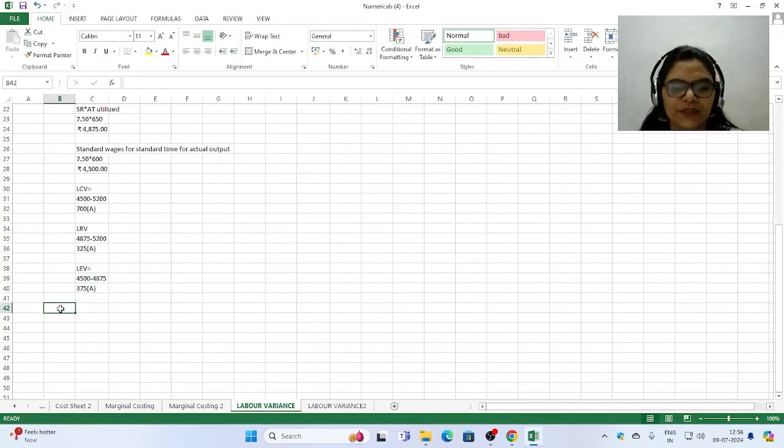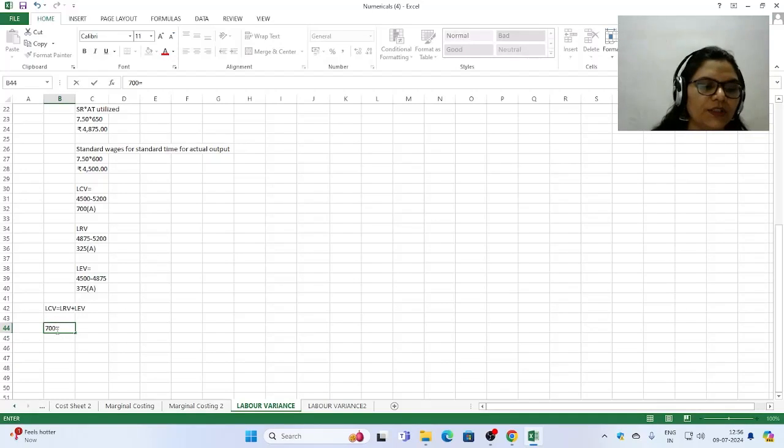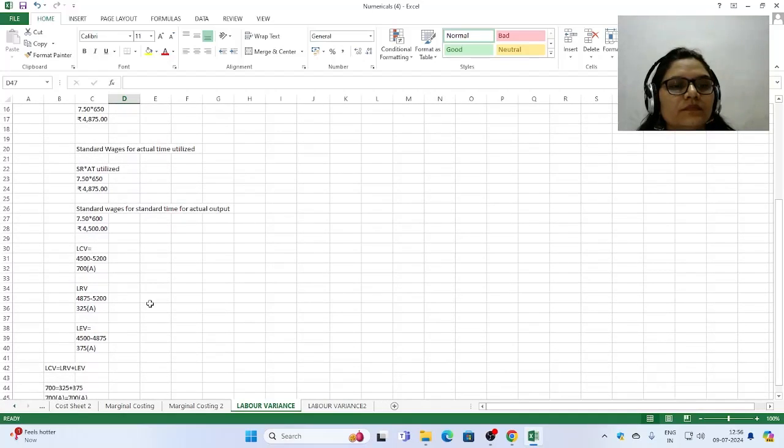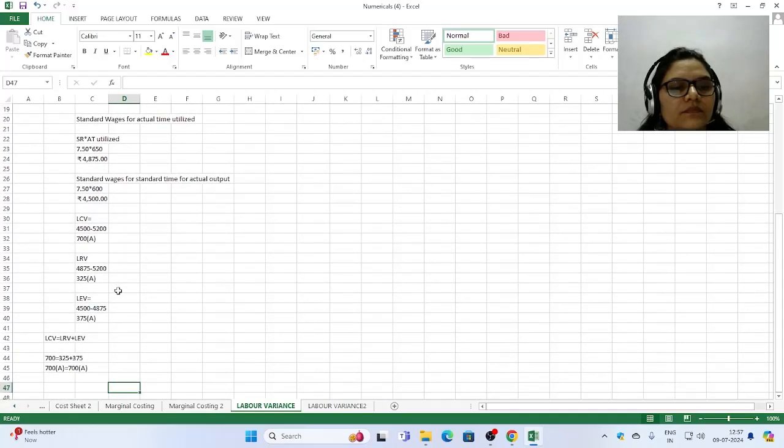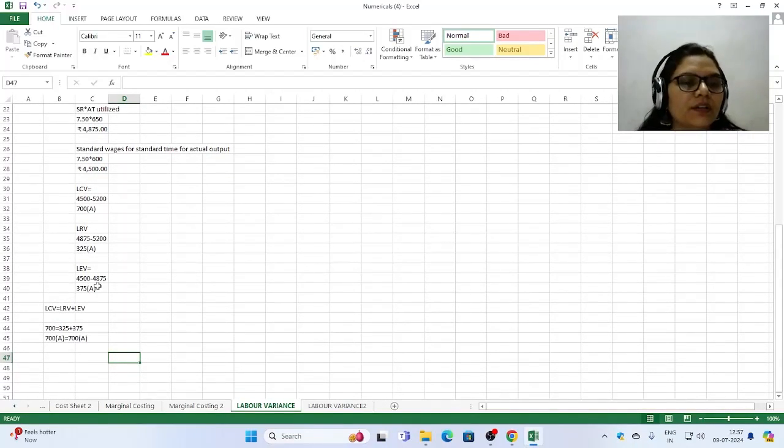Now labor cost variance is equal to labor rate variance plus labor efficiency variance: 700 is equal to 325 plus 375, which gives you 700 adverse on both sides. So this is all your labor variances.